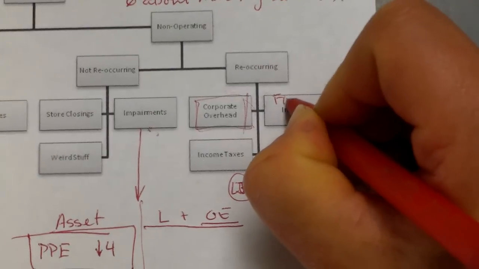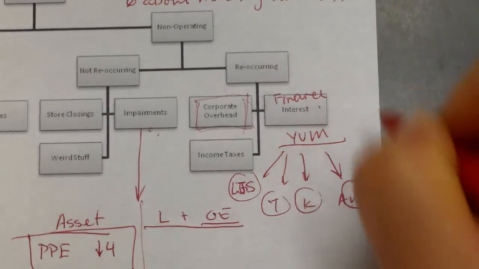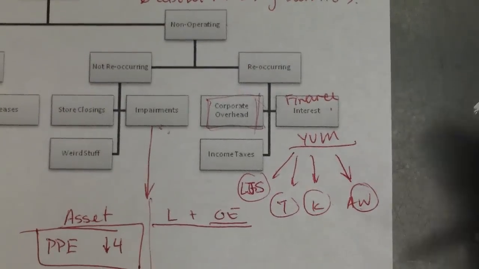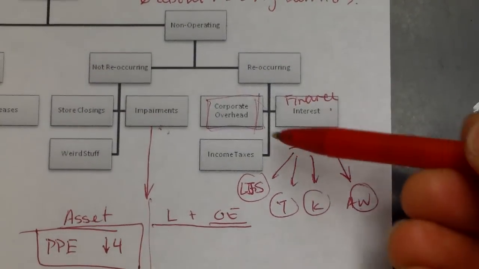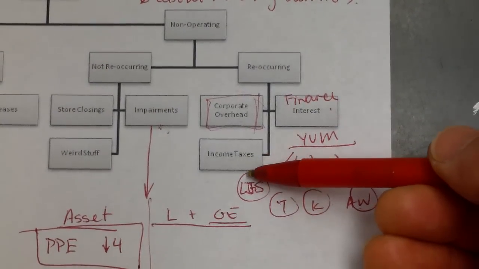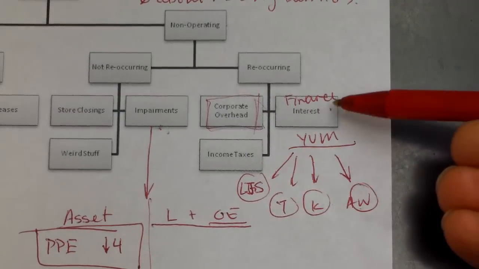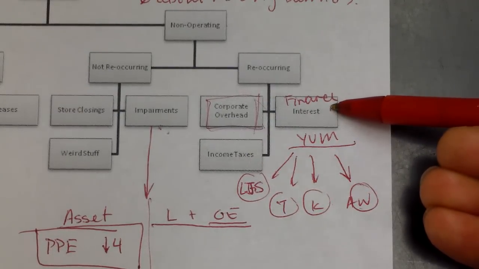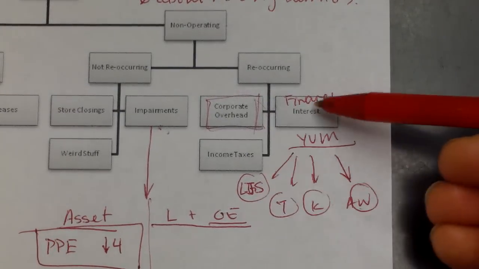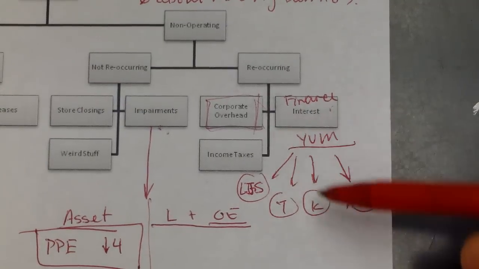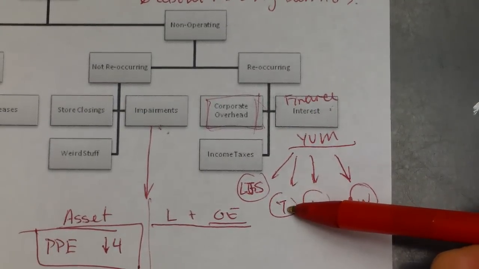This is the financing issue. Whether or not you had really good bankers, and income taxes, whether or not you had really good tax accountants. But you have to pay your taxes every year, and you have to pay your interest every month and every year too. Okay, so these are reoccurring, right? But they don't really have any bearing on how well you are as a business in making tacos or not.